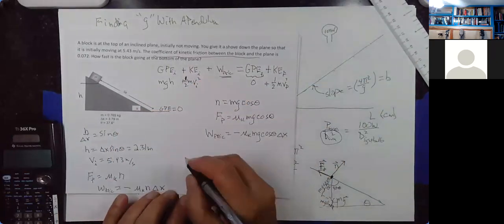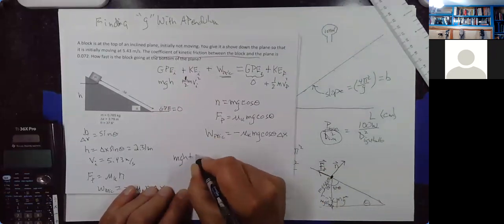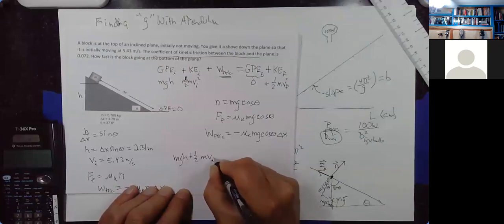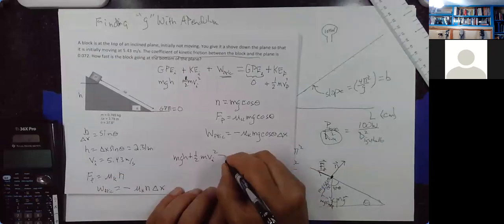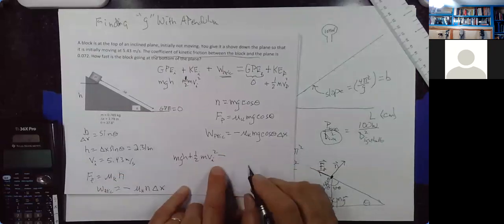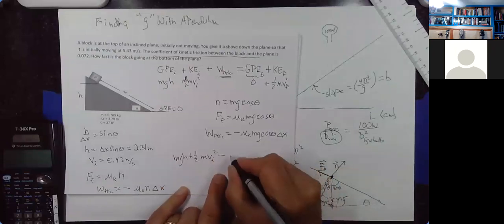So now I can write mgh plus 1/2 mv initial squared. This is the energy that I start with. This next term is the energy I'm going to lose because friction does work on the block.